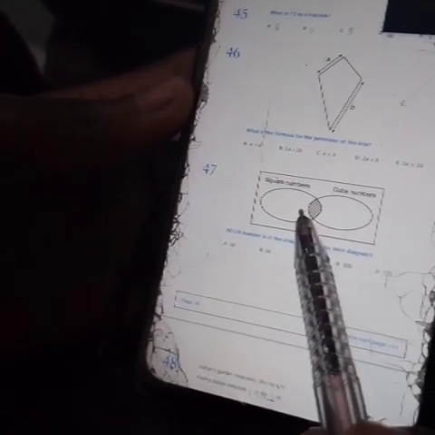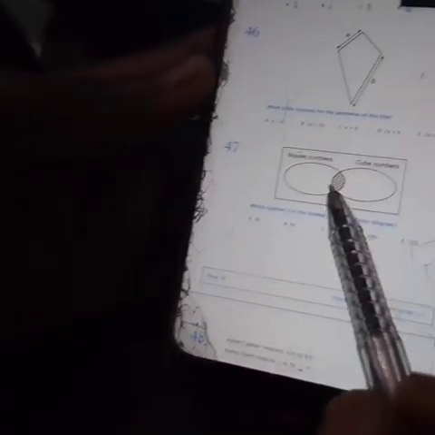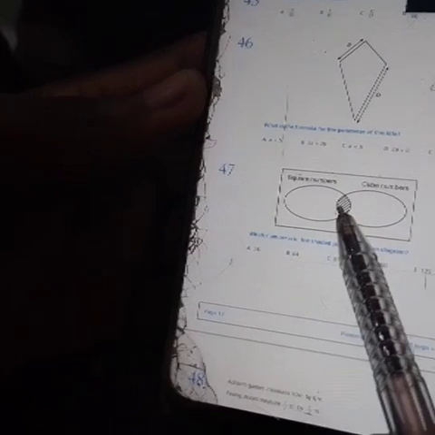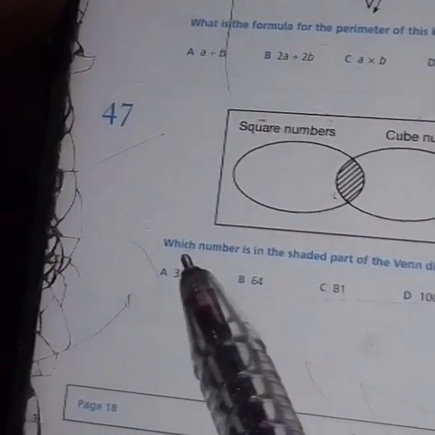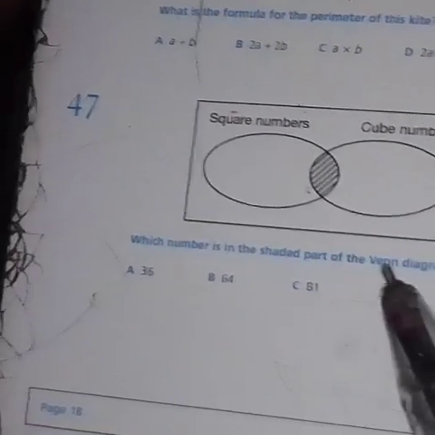We now go back to our question. If you look at the shaded area, it is showing what they have in common, the numbers that are in both cube and square. They ask which number is in the shaded part of the Venn diagram. What do they have in common, that we have both in cube and in square?